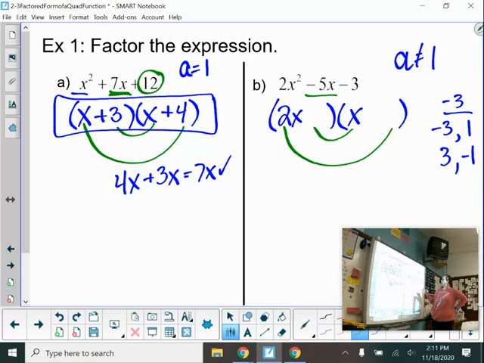And then when I tack on the 1, I am going to be subtracting because of the way the signs work out, that's going to work in my favor. I just need to make sure I get the negative here. So I want the 3 to be a negative and the 1 to be a positive. And if I double check that, 2x times -3 is -6x, 1 times x is 1x. That gives me my -5x, and that checks out.